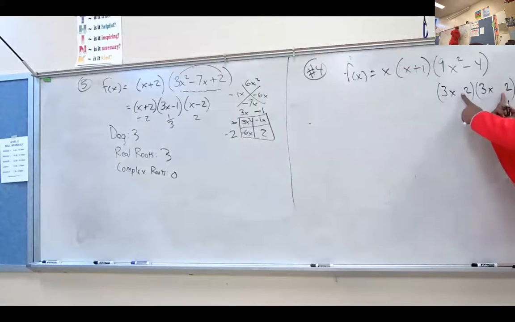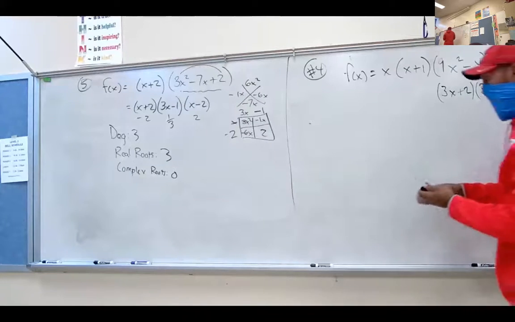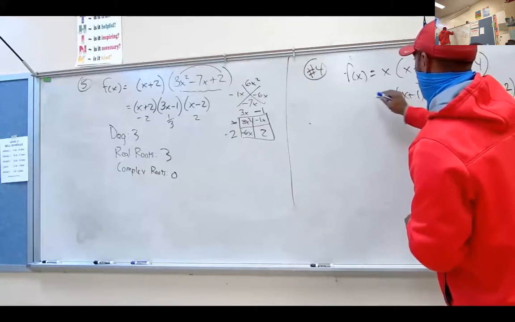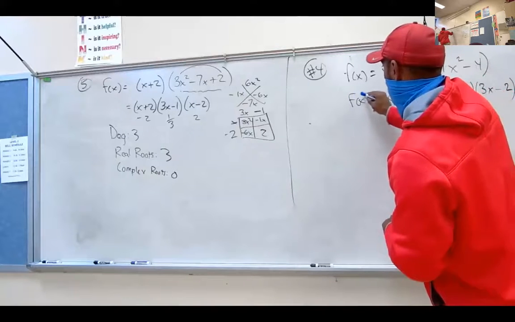What are the signs? Plus and minus. Okay, so that was the difference of squares. You have 2 perfect squares, so I can split those into 2. So now, x plus 1, okay, and these 2 others.